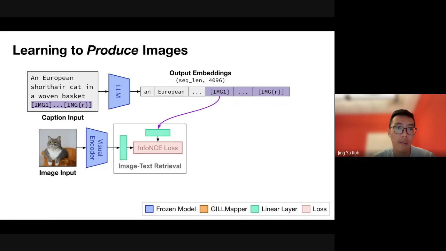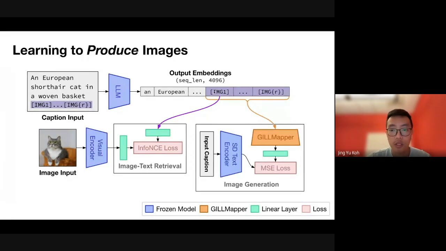So if you have an image of a cat and you have a caption that describes a cat, you might imagine that they are relatively close in this embedding space. We train this using the InfoNCE loss, which is the standard way that you train retrieval models like SimCLR and CLIP. Now for generating images, we take the full sequence of image tokens, the r image tokens. We pass this into a model that we call the GILL Mapper, which will be explained in the following slide.